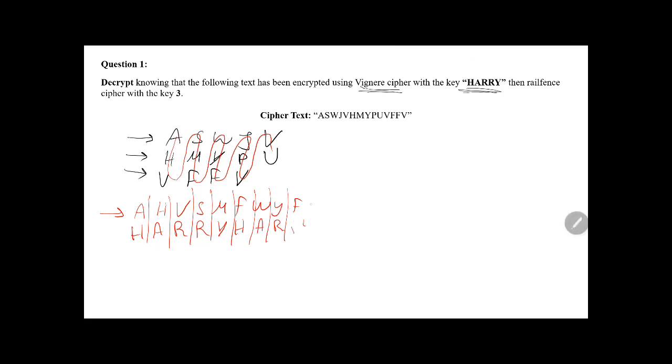So after the W, Y, F, we have J, P, V, V, U. So here it will be Harry, like that. And then H, A, R, R, like that.